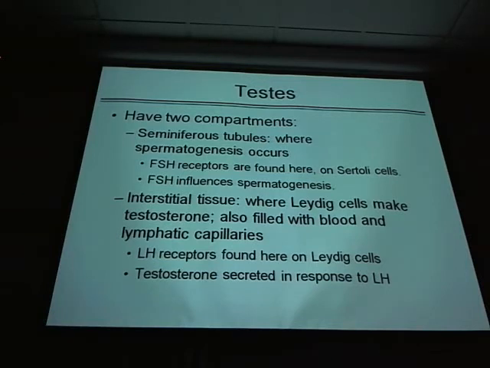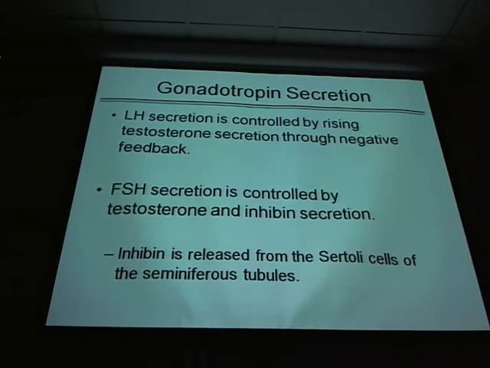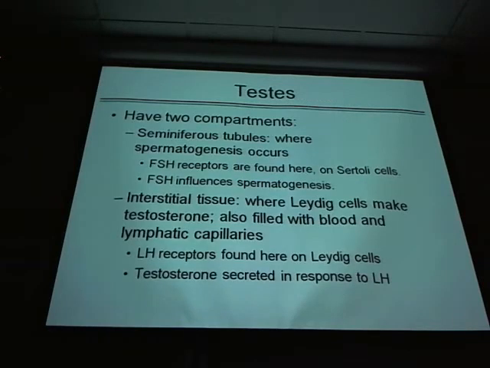Okay. So, two compartments: seminiferous tubules, where spermatogenesis occurs, where the sperm are formed. Seminiferous tubules: FSH receptors, Sertoli cells, spermatogenesis. Interstitial tissue: Leydig cells make testosterone and are filled with blood and lymphatic capillaries.